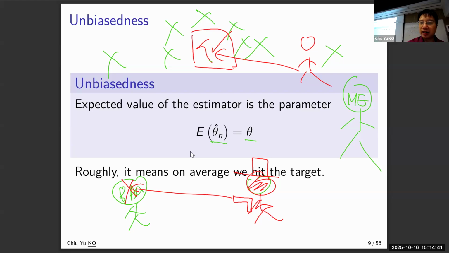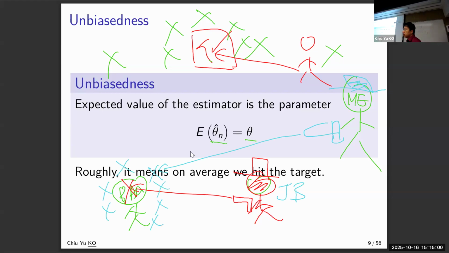But me, maybe James Bond, James Bond is very good. Me, I'm going to shoot the guy. I'm not going to hit him, but I hit around him. But on average, I'm hitting the target.